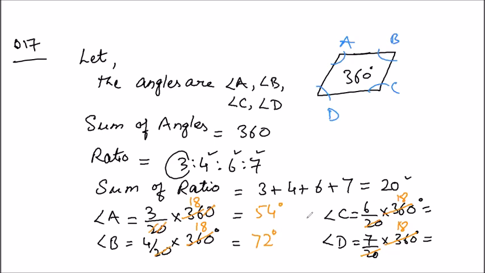Angle B will be 72, angle C will be 108 and angle D will be 126 degree. Because these are angles, so we must write degree sign. These are the degree signs. So I think you have understood it.